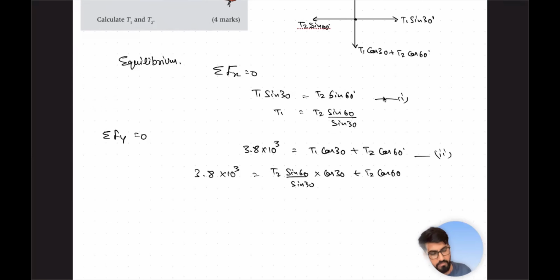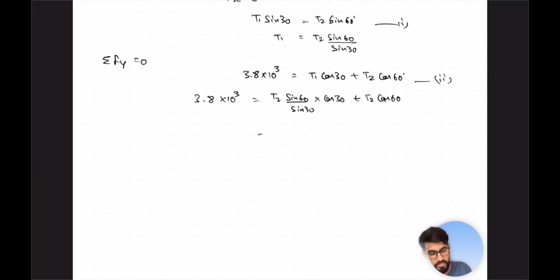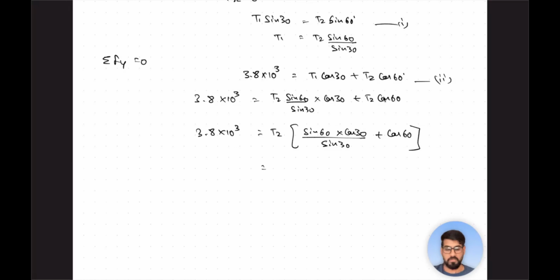Now this whole equation is in terms of T2. T2 can be factorized and taken outside. You can solve the remaining part: sin 60 times cos 30 divided by sin 30 plus cos 60. This whole equals 3.8 into 10 raised to power 3. Can you tell me how much this is? Make sure your calculator is in degrees, guys.